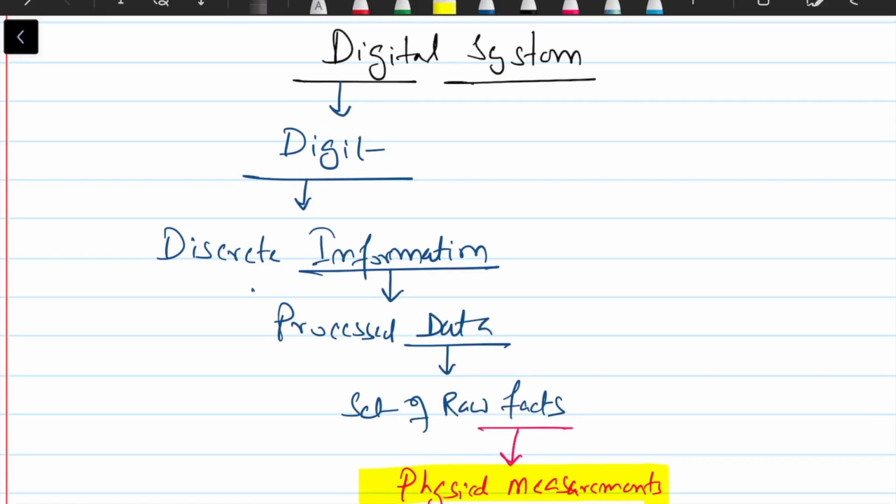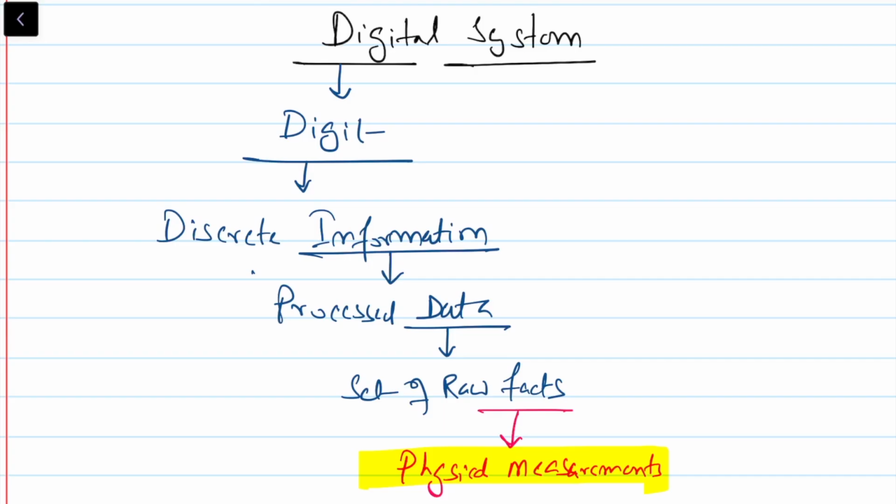So, the raw facts based on which this entire subject is built are certain physical measurements, especially measurements which are expressed mathematically in something called a modulo 2 system, which simply means that whatever measurements you get, you divide by 2 and consider the remainder. Now, if you divide any number by 2, the remainder can be either 0 or 1.